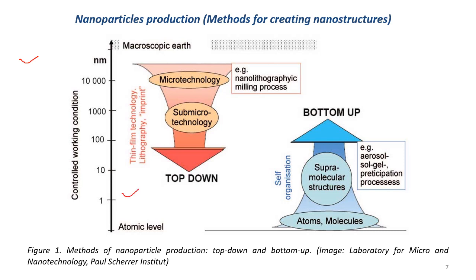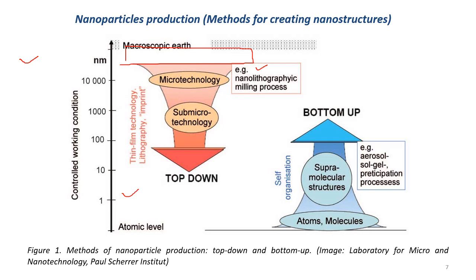Here we can see there are different technologies, right from microtechnology, nanolithography and milling processes, and thin film technologies, lithography and imprints, which bring the materials from different levels to the atomic level. This is called the top-down approach, meaning from the macroscopic level it goes to the microscopic level, that is the atomic level.